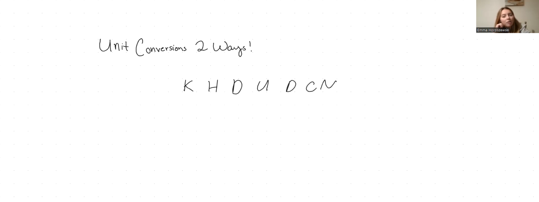Now, this acronym is going to be used as kind of an understanding spatially of where each of the prefixes that we would want to convert to are. Now, in chemistry 6 right now, we're only going to be responsible for K, which stands for kilo, U, which stands for our base unit.